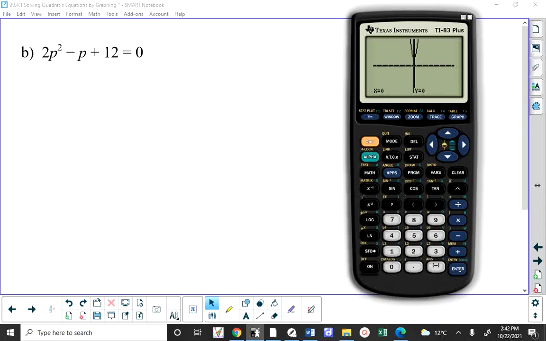So that corresponding function does not have any x-intercepts. So what do we put for an answer? This is maybe the first time you've encountered this with an equation. The answer is there's no solution. There are no roots.